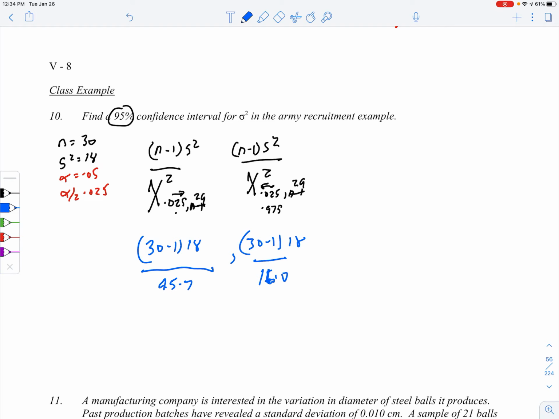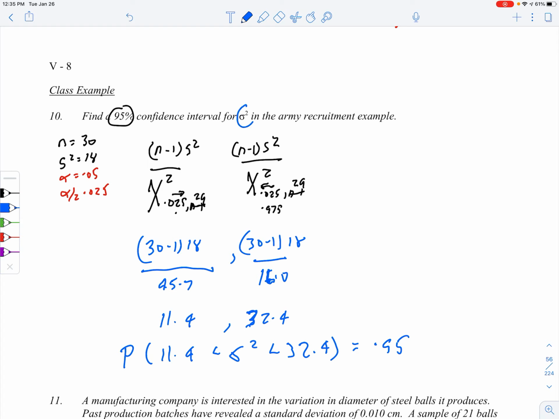And when you figure those numbers out, you're going to get 11.4 and 32.4. And remember, if you got the numbers in the wrong denominator and you had them switched, don't worry, one's going to be a smaller number, one's going to be a larger number, so you just simply put the smaller number here and the larger number here, and there's your answer. That's it.